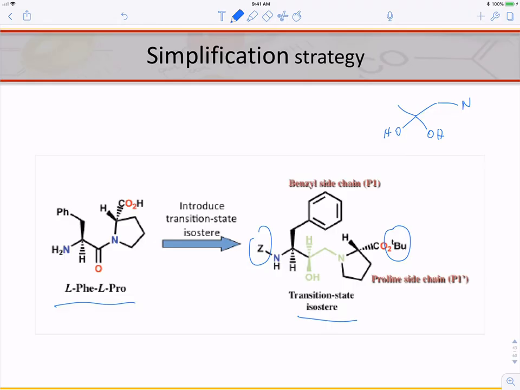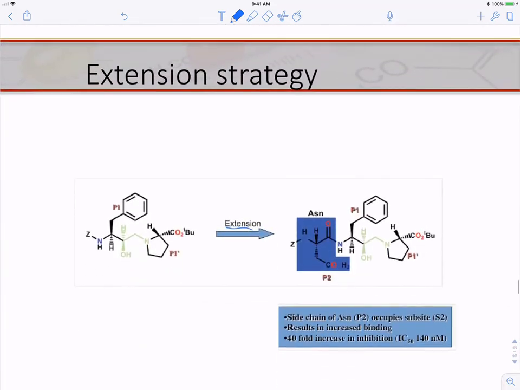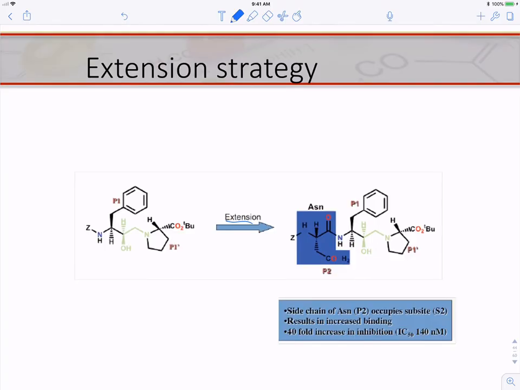And remember, we have the benzyl side chain and the proline side chain occupying the P1 and P1 prime pockets on the enzyme. So this inhibitor was weak, had basically an IC50 of about 6.5 micromolar, which is not great. And from there, scientists then utilized an extension strategy to attempt to increase the affinity.